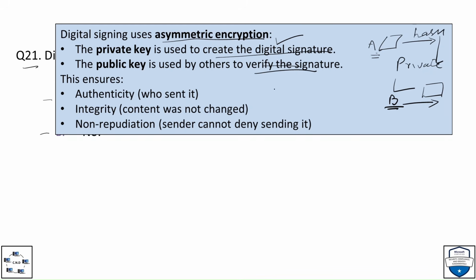Integrity of the message means the content was not changed. User A sends the hash as well as the original message in plain text. User B then takes the hash of this original message and compares it with the hash that was received from user A, and if both hashes are the same, it means the message was not changed.